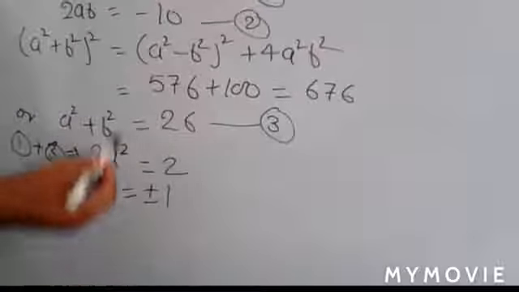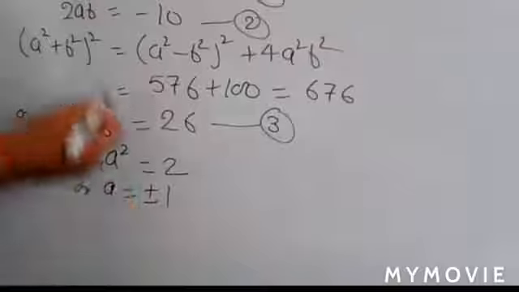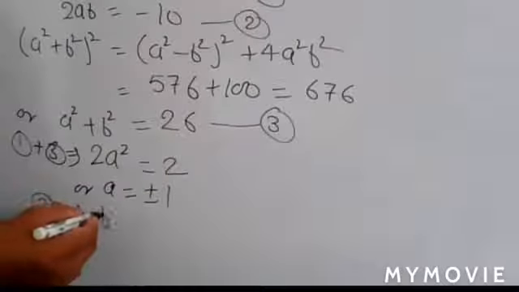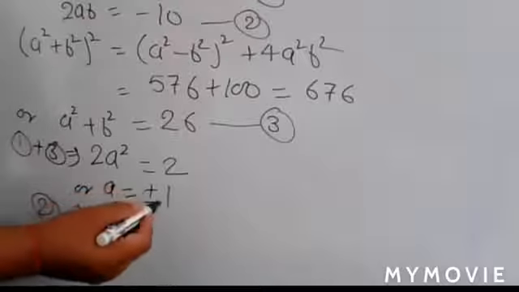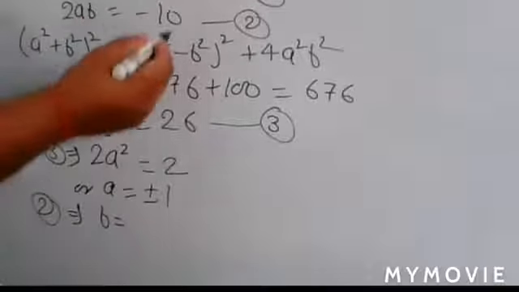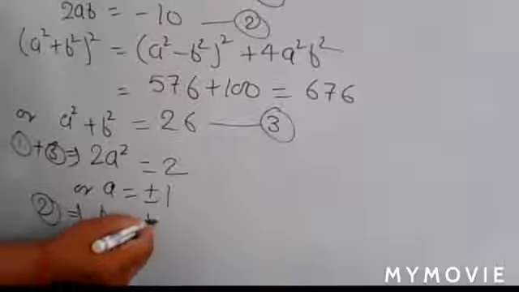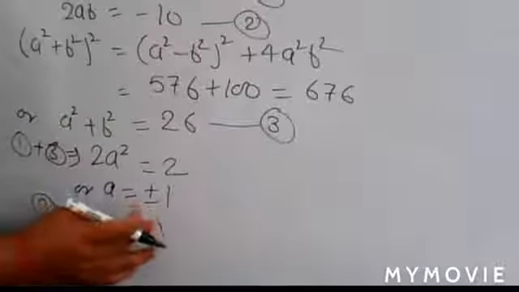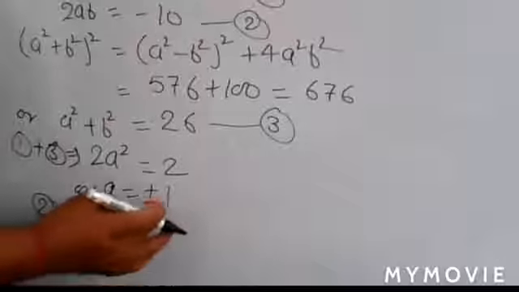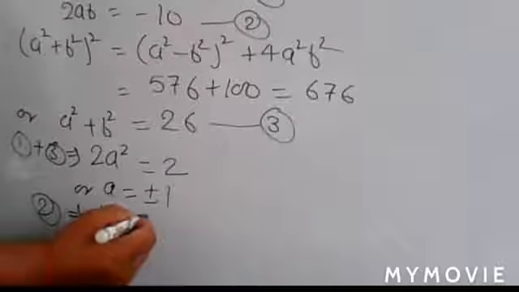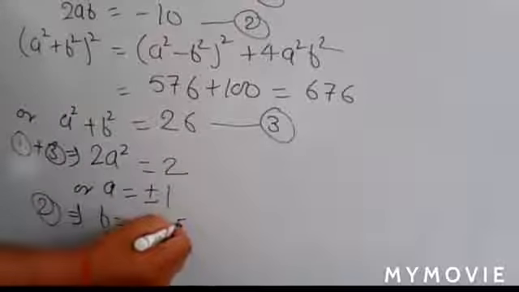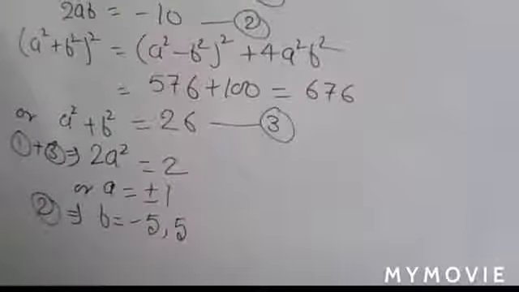So you have to put it in the second equation. If you are putting a is equal to 1, the value of b is minus 5, and if you are putting the negative value, you have 5. So in this way you have the value of a and b.